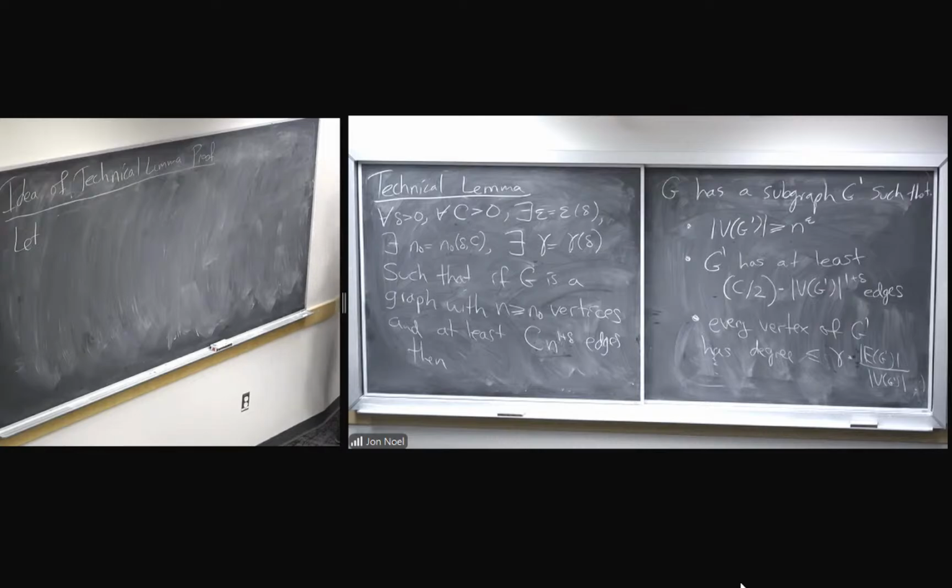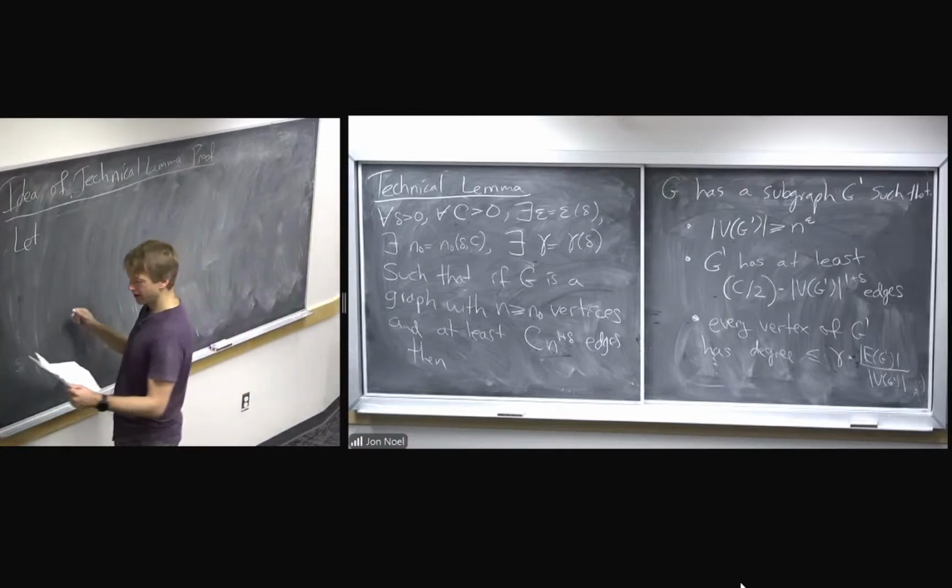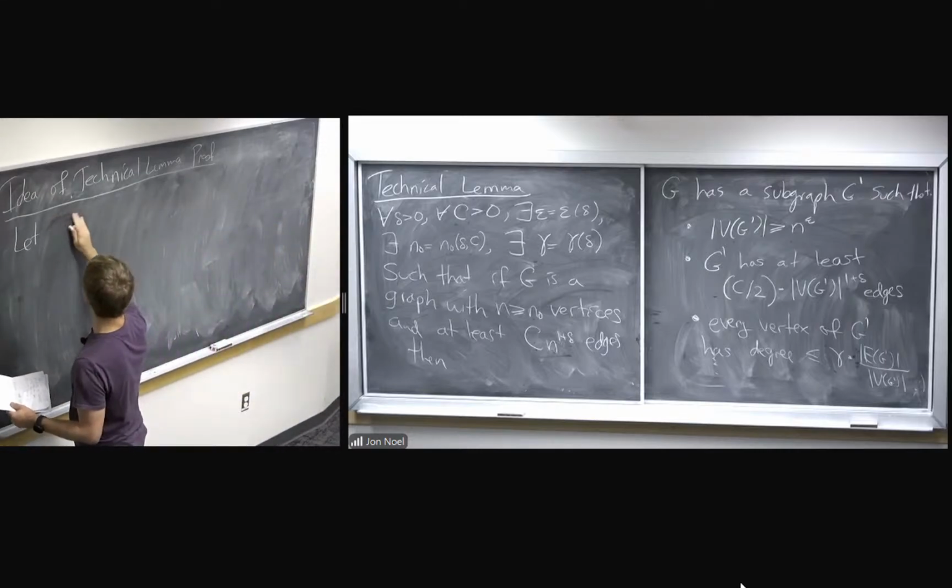In this case, what we want is to reduce to a graph with a low maximum degree, not a high minimum degree. I guess maybe that would suggest deleting the high degree vertices. But somehow the analysis of that doesn't work as well.